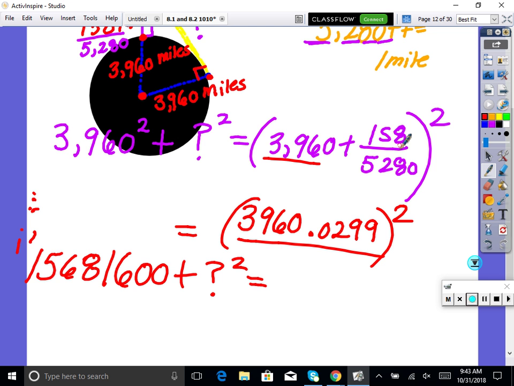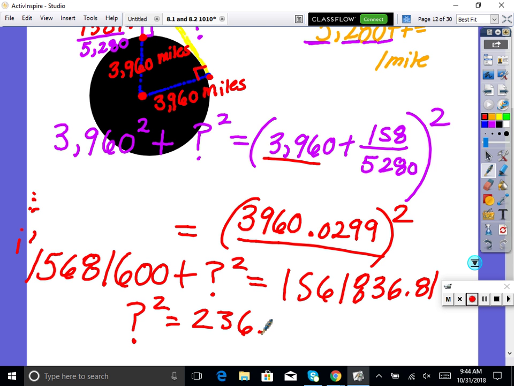So that squared is this, 15,681,836.81. Then subtract that over. So then I have this: question mark squared equals 236.8.